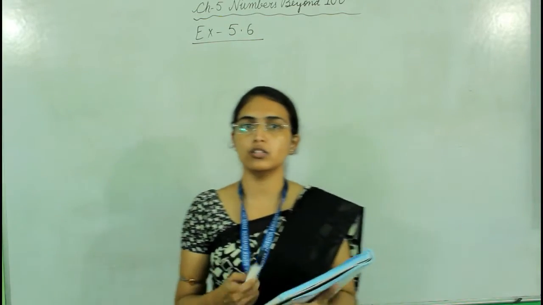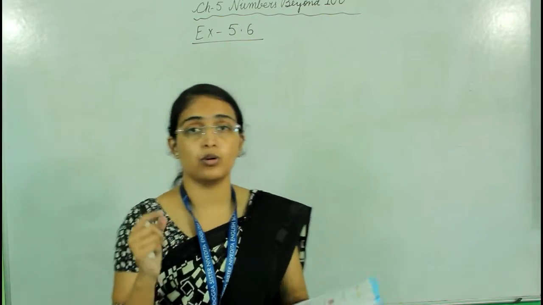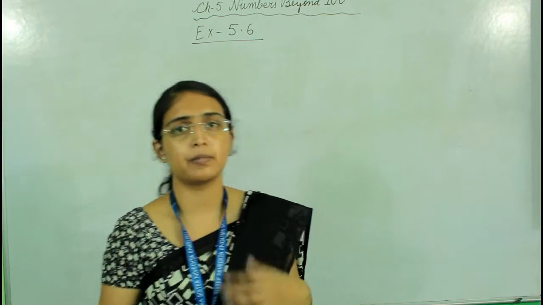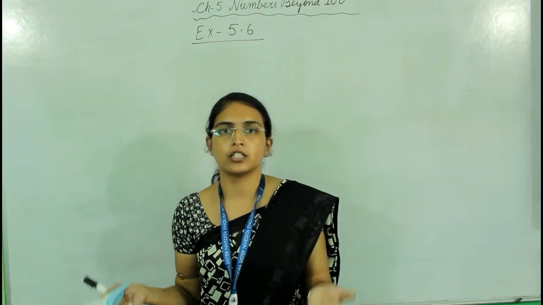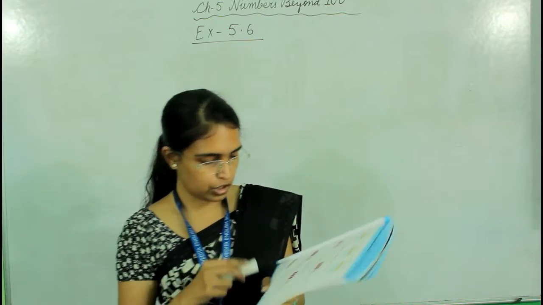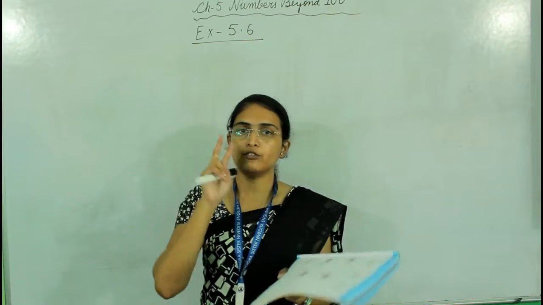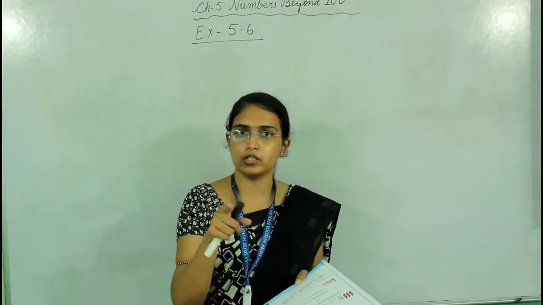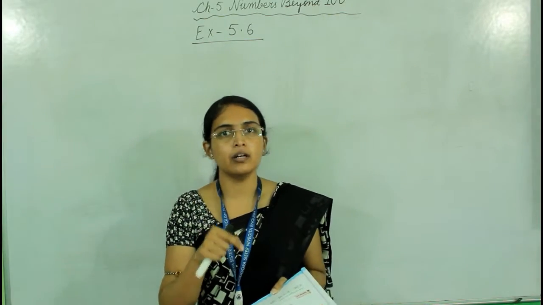As I already told you, bigger number means bada number. Bigger means bada, and smaller or smallest or small means chota. Big, bigger, biggest, these are all the same. So big, bigger or biggest, these are what numbers? Bada numbers. Okay. So now in question number 1, what do we have to do? Circle the bigger numbers. We have two numbers in each question, and we have to compare both numbers. Then we have to find out which one is bigger, and after finding the bigger number, what do we have to do?